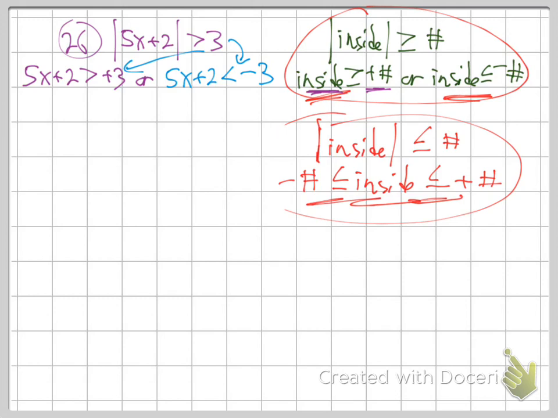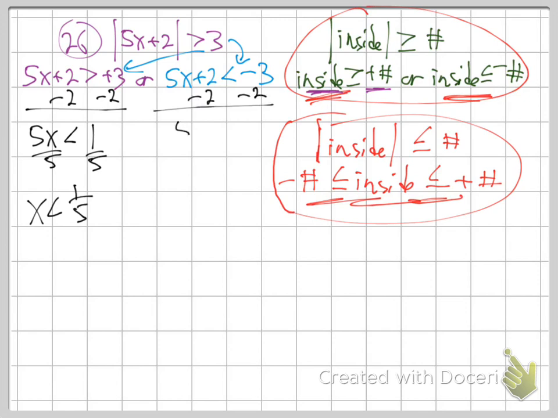Okay, now let's just solve these. Subtract 2. 5x is less than 1, divide by 5. x is less than 1/5. Subtract 2. 5x is less than minus 5, divide by 5.